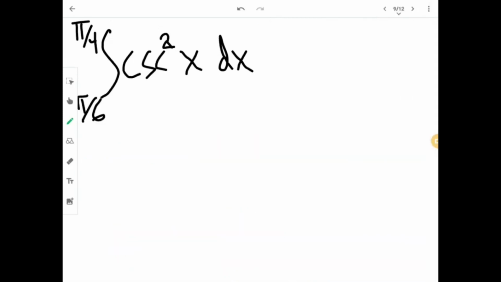Next one, cosecant squared. Here you might not know what to do immediately, so you have to think back to a previous identity.